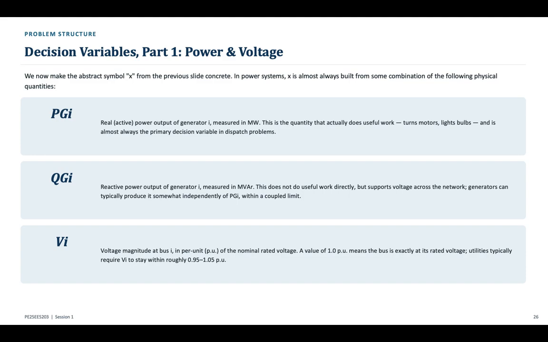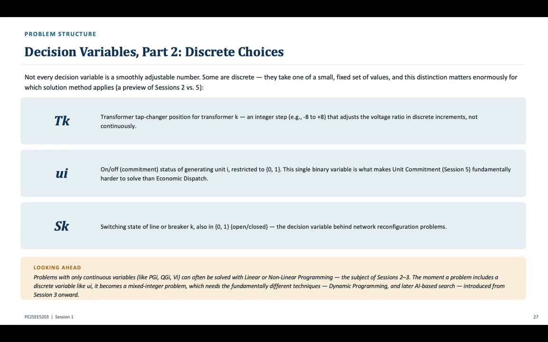So then you have Vi, voltage magnitude at bus i, in per unit of nominal rated voltage, we call it as PUs. The value of 1 PU means the bus is exactly at its rated voltage. Typically that requires Vi to stay within roughly 0.95 to 1.05 per units.